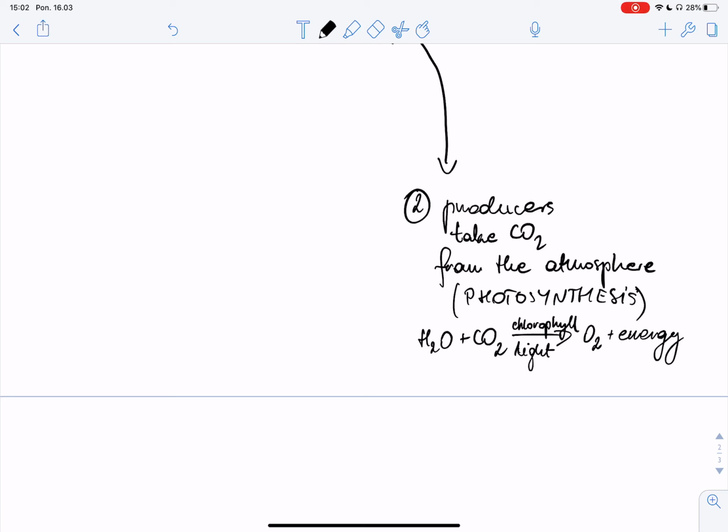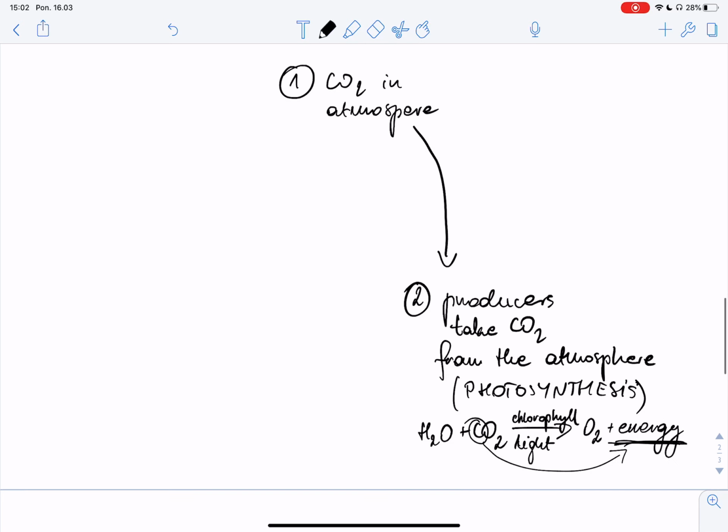And guys, this is the moment where they take this carbon and later on it's being used to gain some energy.